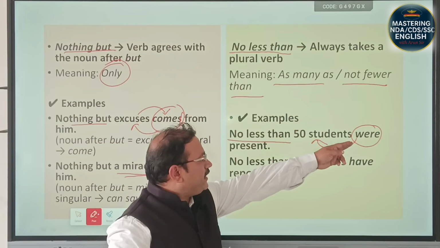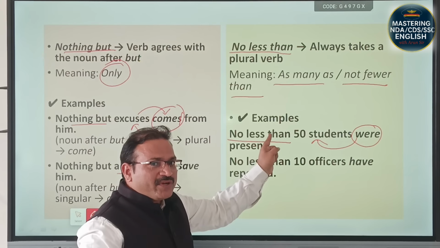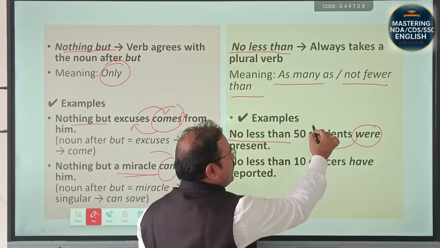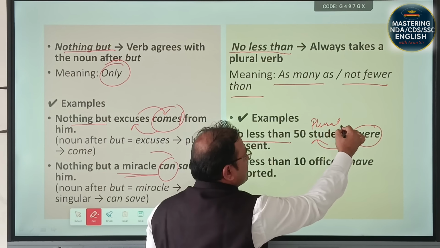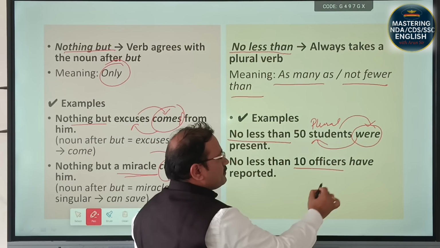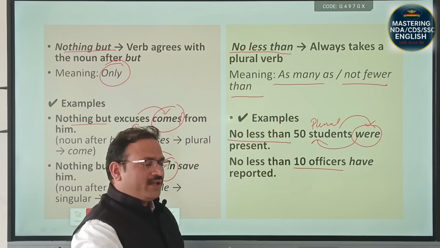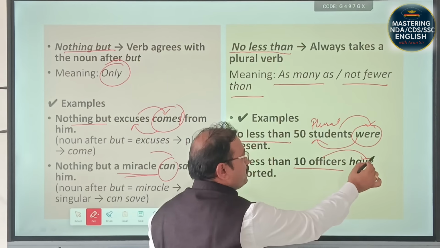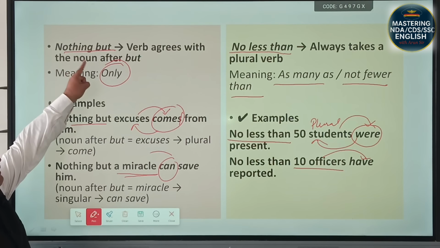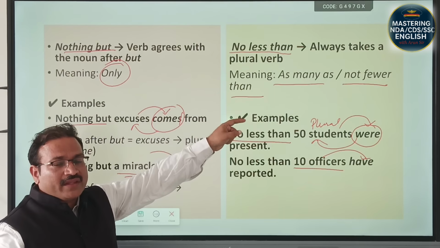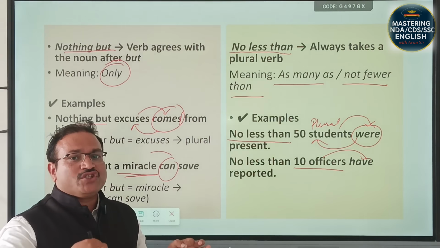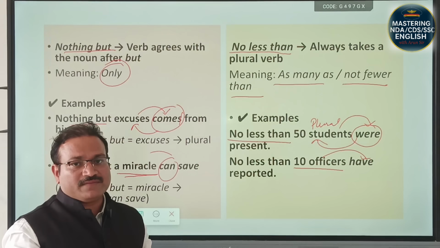Verb किसके साथ agree करेगा? जो इस expression के तुरंत बाद आएगा. No less than 50 students, here it is plural, so take plural verb. No less than 10 officers, plural, will take plural verb. So in both the expressions, first nothing but and no less than, the verb agrees with the subject which follows these expressions.